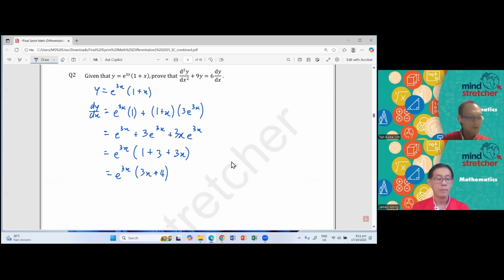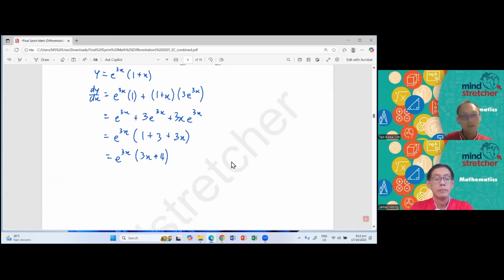Then moving on, the next thing to do is to find the second derivative. Let me write this again: d2y over dx squared.